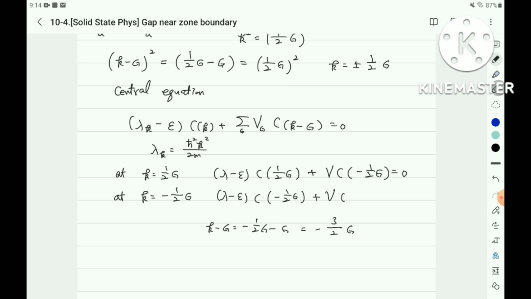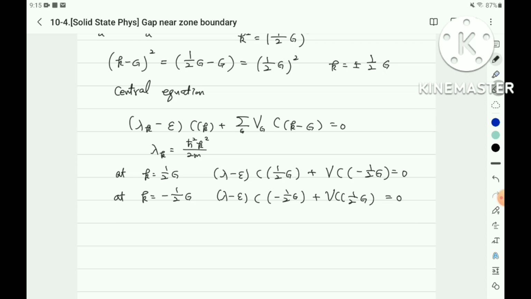Anyway, by the translation symmetry, something like 2g is identical. Therefore the coefficient at 3/2 g is equal to 0, because the translation symmetry is preserved.